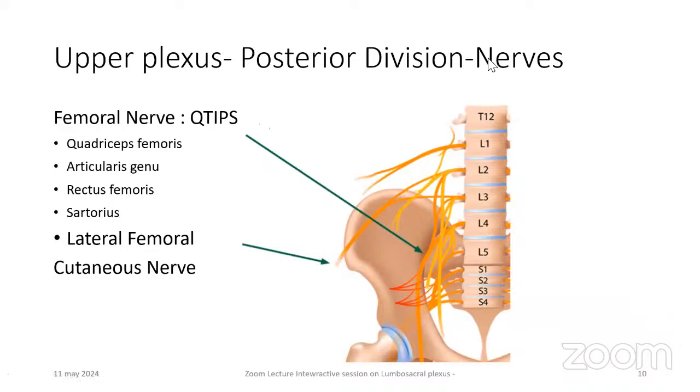The femoral nerve, I can remember it as Q-tips. That is, it supplies the quadriceps femoris muscle, rectus femoris, sartorius, and the articularis genu. These are the important muscles. So its main function will be in the flexion of the hip as well as extension of the knee.